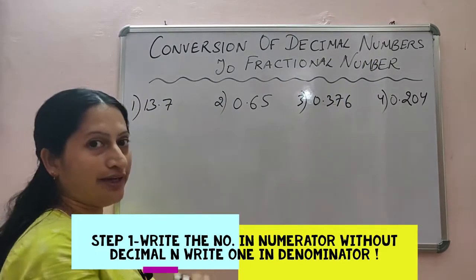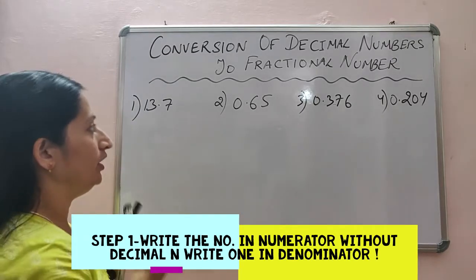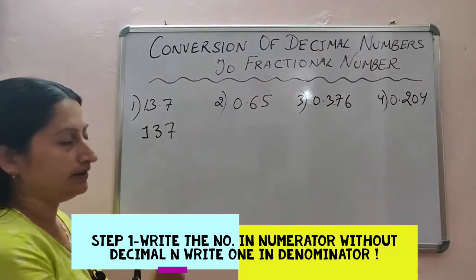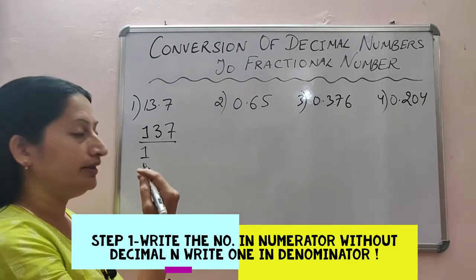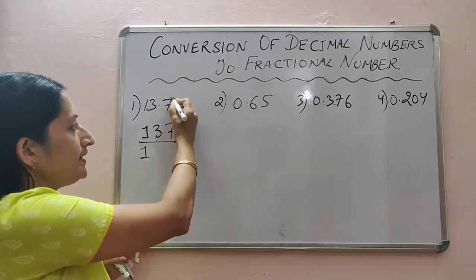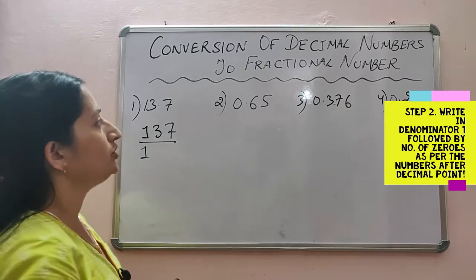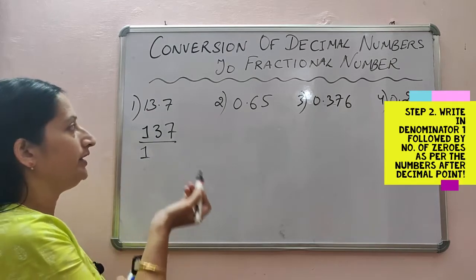Here we have the first number, that is 13.7. We will simply write down these numbers here, and then put a 1 at the bottom in the denominator, and we will see how many numbers are there after the decimal point. Here there is only a single number after the decimal point.